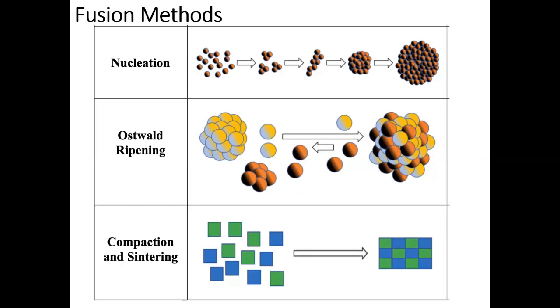Ostwald ripening is becoming bigger at the expense of smaller things. Now that's also true in life. Rich people get richer, poor people get poorer. Compaction and sintering. Compaction is pressing things together, and sintering is thermally compressing things together, and you make material with lower surface to volume ratio.